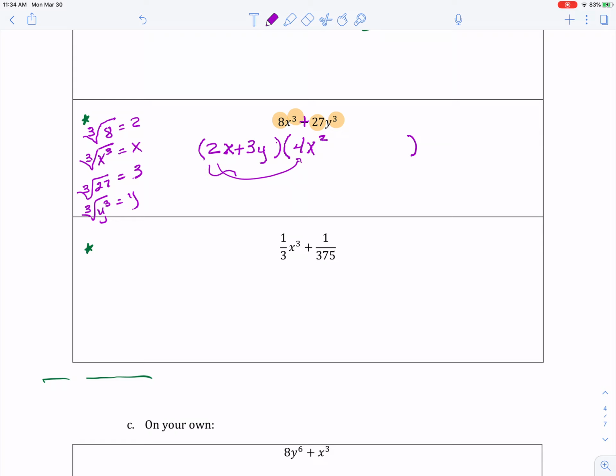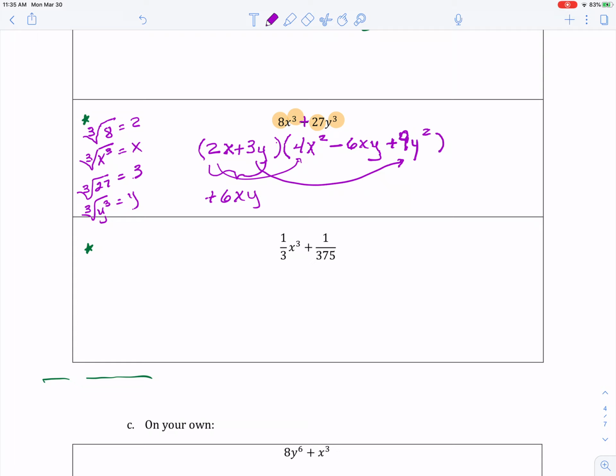I take the product of these two and use the opposite sign. And I take the last positive 3y and I square that. So you can see that SOAP, same, opposite, always positive on the signs there.